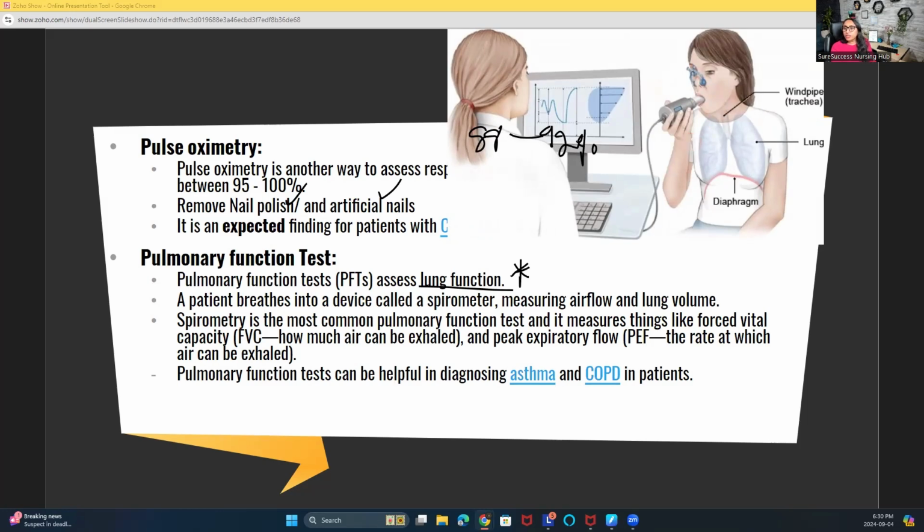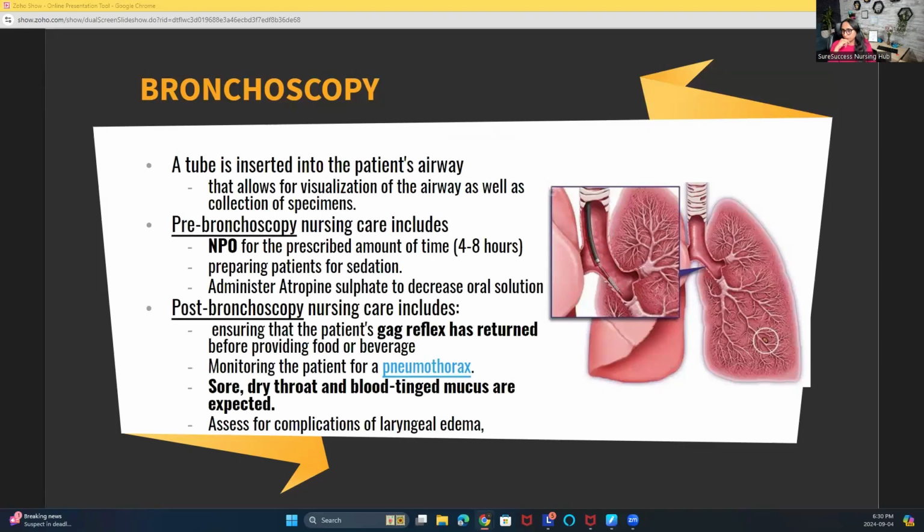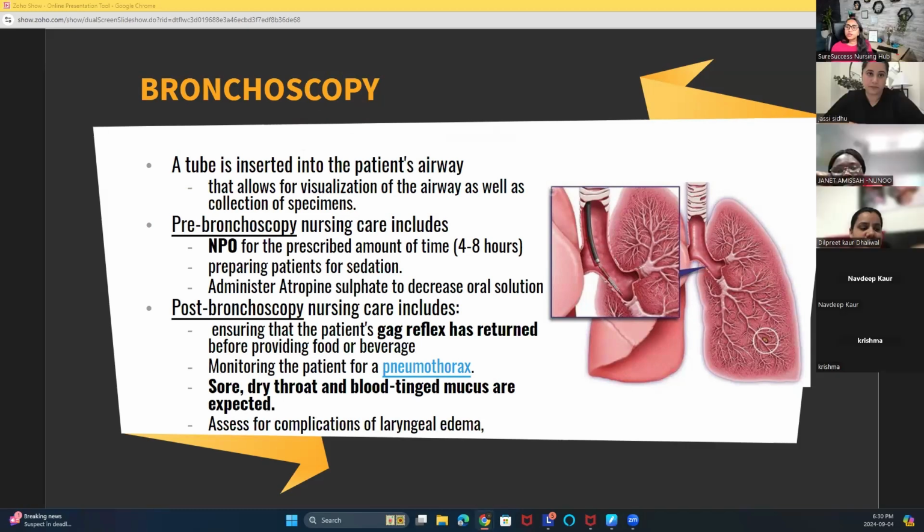Another one everybody has told me already: bronchoscopy. The important part for this one is preoperative care and postoperative care. When I say scopy, it means you are inserting a scope, a camera. For example, colonoscopy, endoscopy, bronchoscopy.